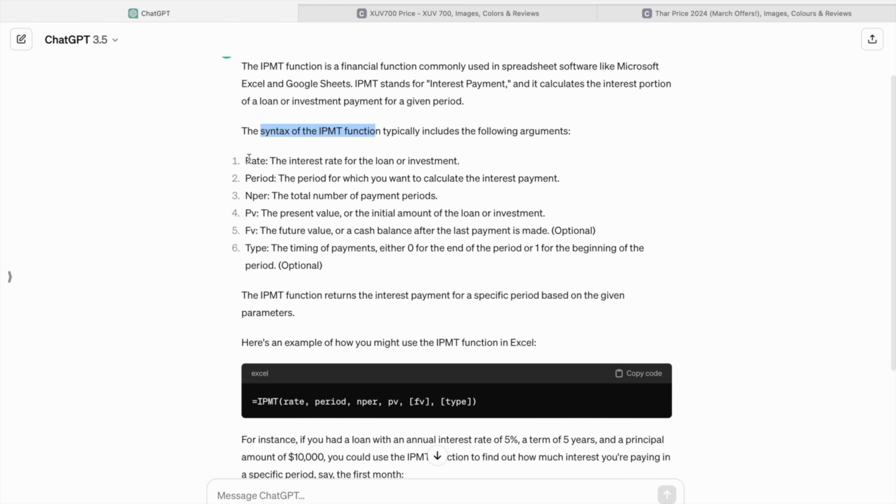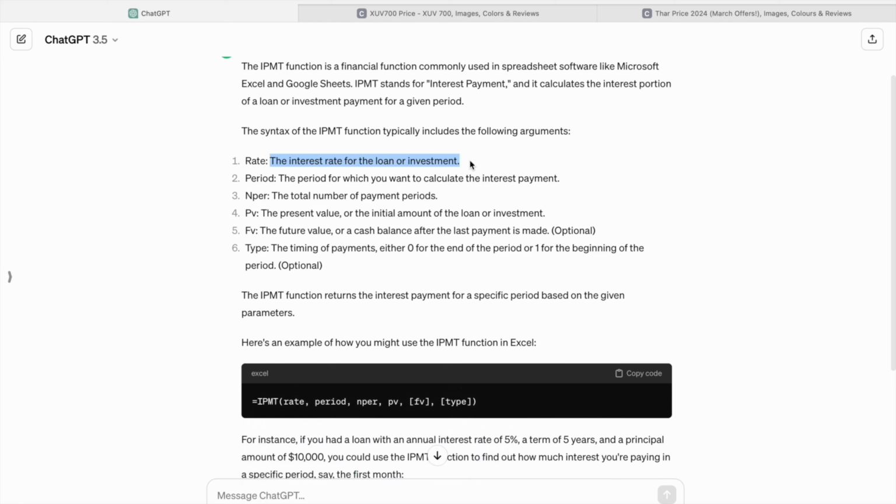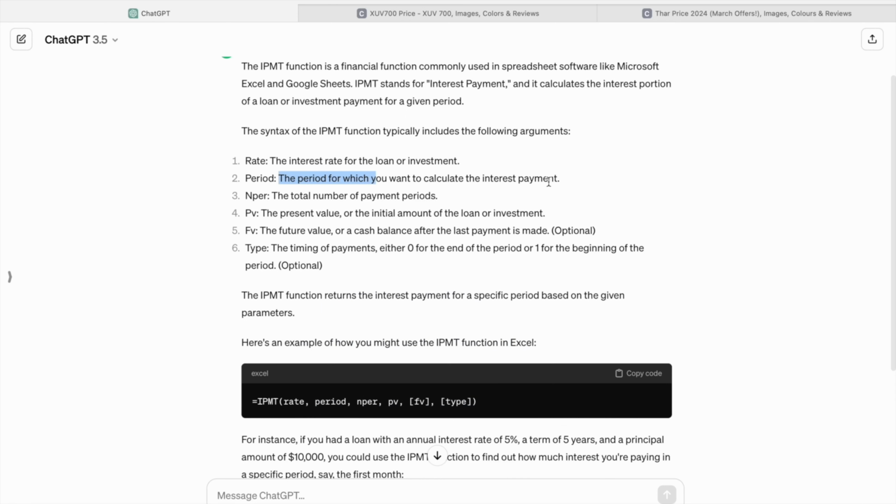It includes, first, rate, the interest rate for a loan or investment. Next is period, the period for which you want to calculate the interest payment. Next is NPER, the total number of payment periods. Next we have PV, the present value or the initial amount of the loan or investment.